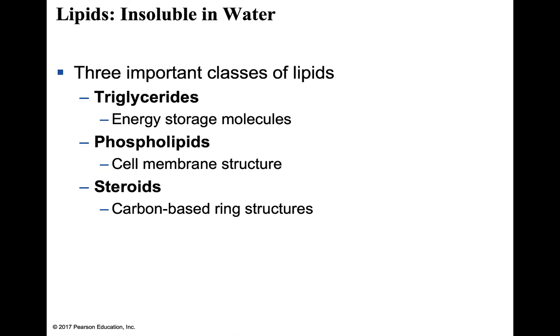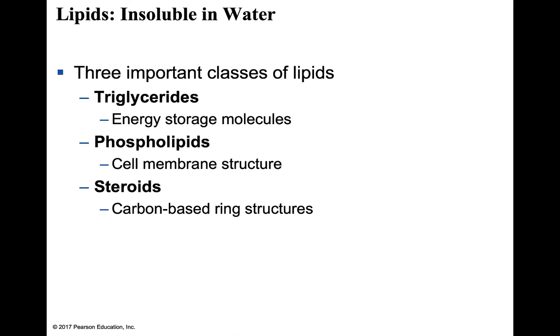Now, if we look at lipids, we have 3 really important classes. We have triglycerides, and this is the biggest and probably the most important. This is actually how we store energy in our body. So a really important role of lipid overall is energy storage.